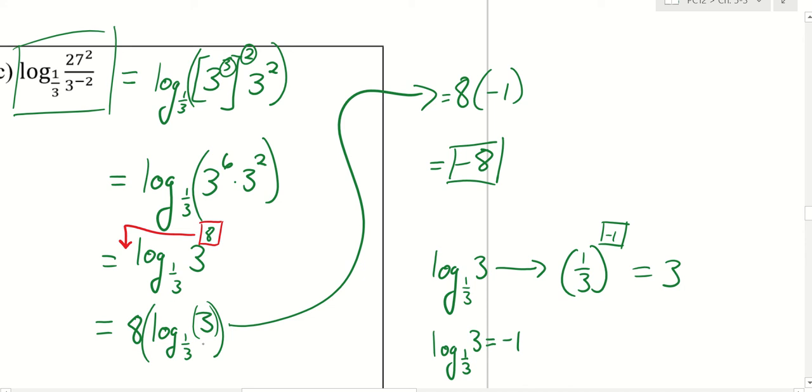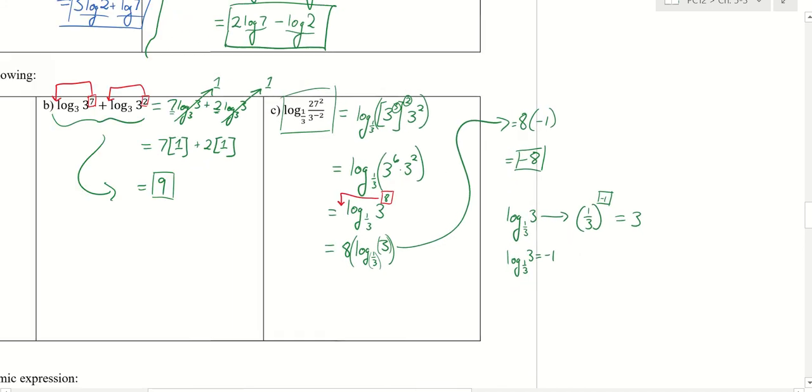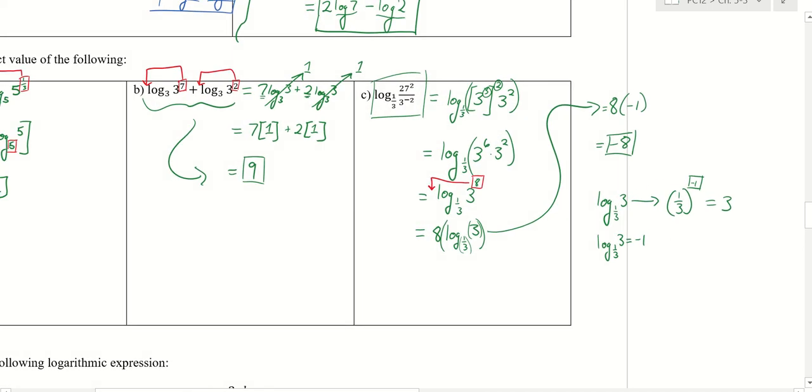And then enough comfort with logarithms to realize what this is really asking: the exponent that you would place on base a third to get 3. And that exponent is -1. So this is really 8 times -1, which is just -8. So there's the end of that journey.